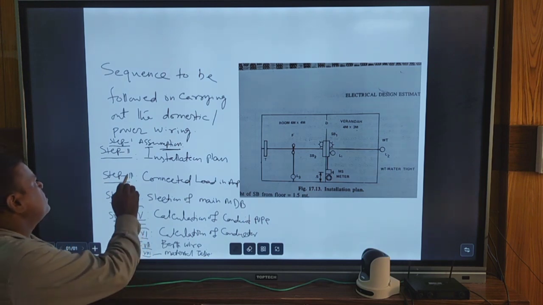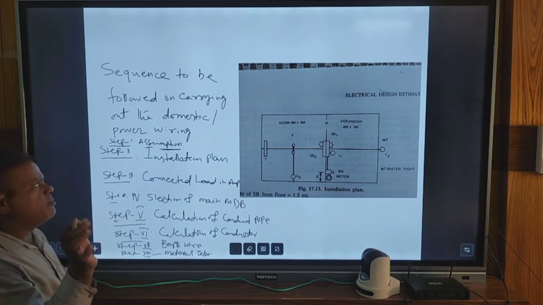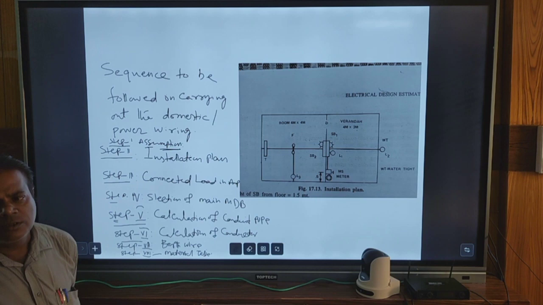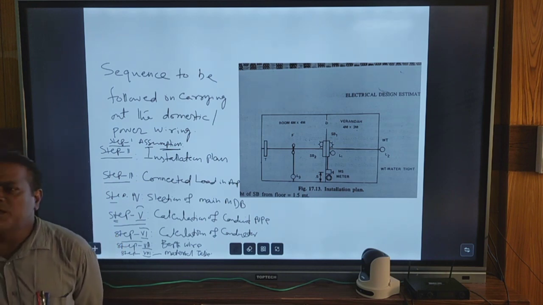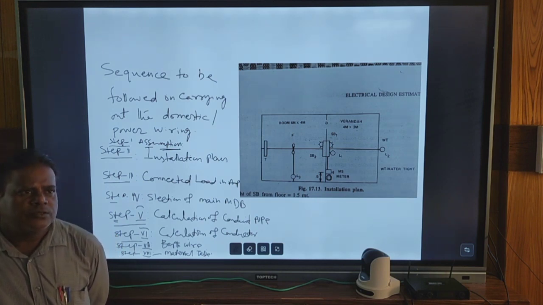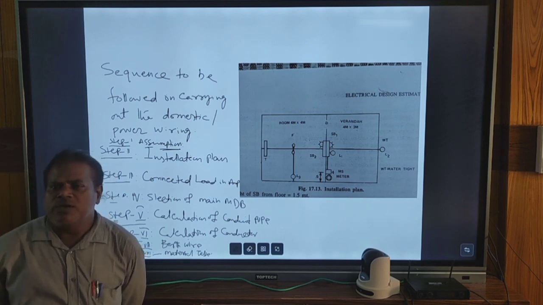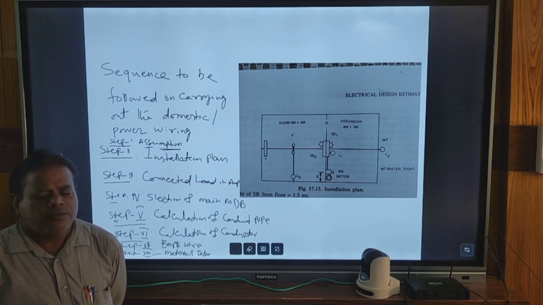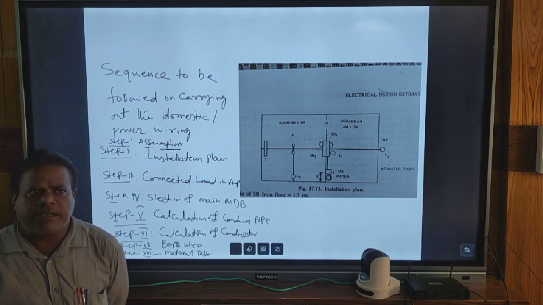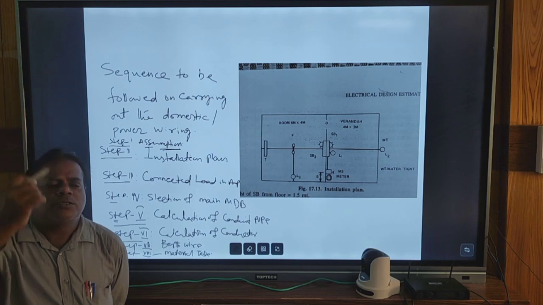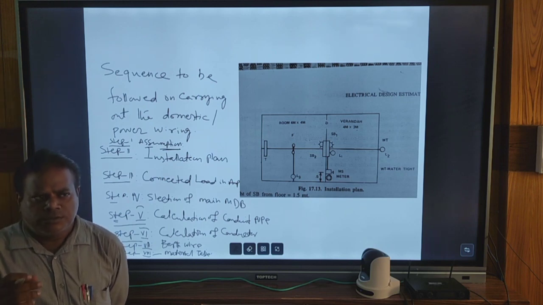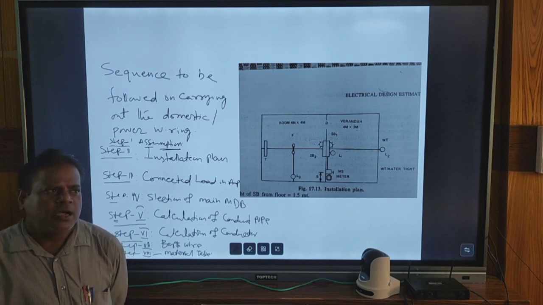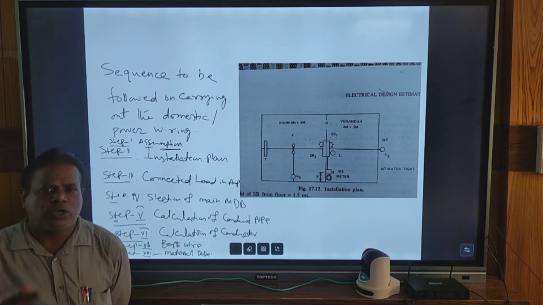Here we can say that in the basic problems we will face, step 1 is assumption. Assumption means something which is not given in the question. Suppose the height of the building, you can take that as 3.5 meter, and you can take how much the floor distance to the switchboard distance is, and from the switchboard to the horizontal run.